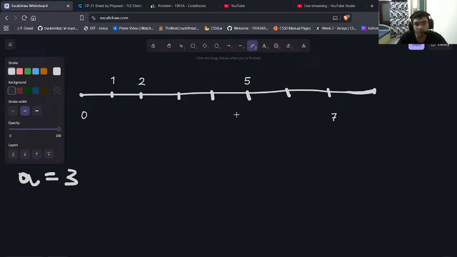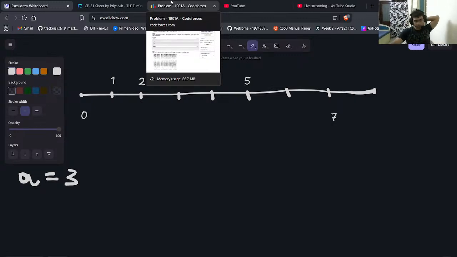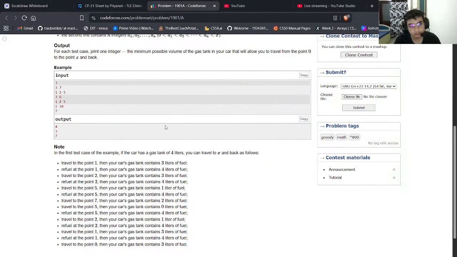So I think we just need to figure out the largest distance between the gas stations, and between the gas stations and the start and end points, like these edges, and that will be the minimum amount of gas that we need to carry.